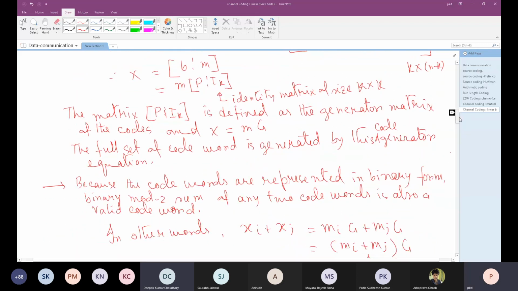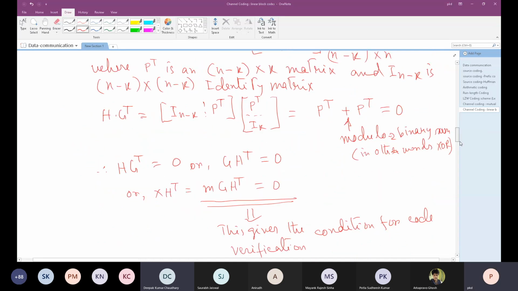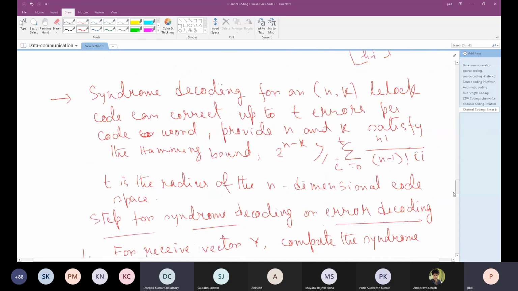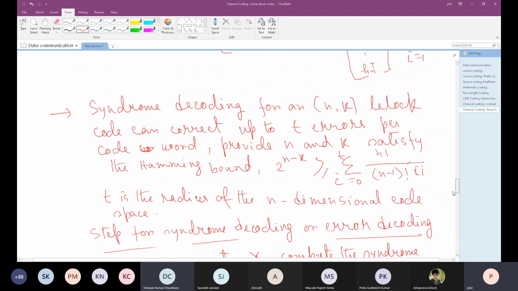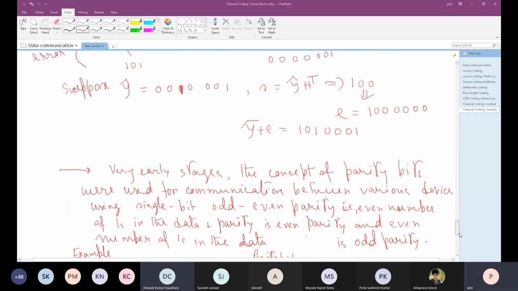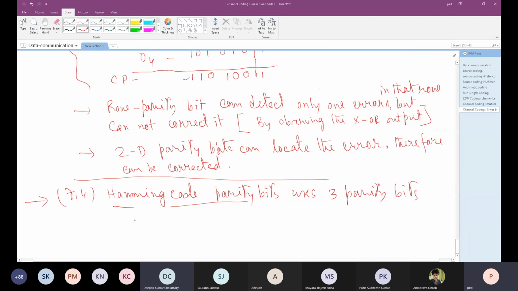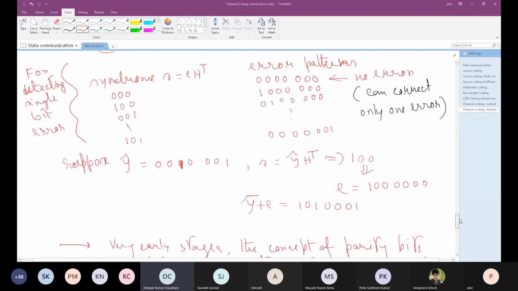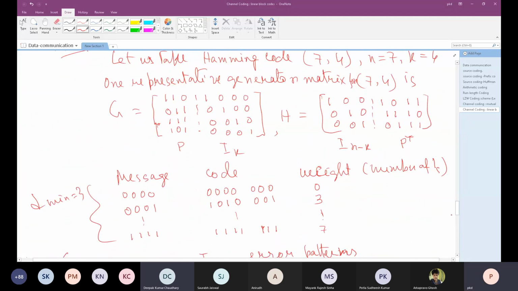So how is it done? Where is our code? This is the P and this is M. So it could be done like this: if we take the first one, suppose B0, B0 is picking up the first message M0.